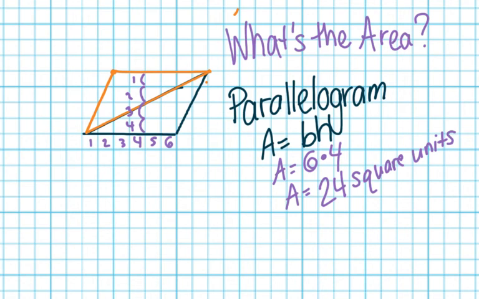If I made the parallelogram by doubling the triangle, then the triangle area is just going to be half of that. 24 divided by 2 is 12 square units.